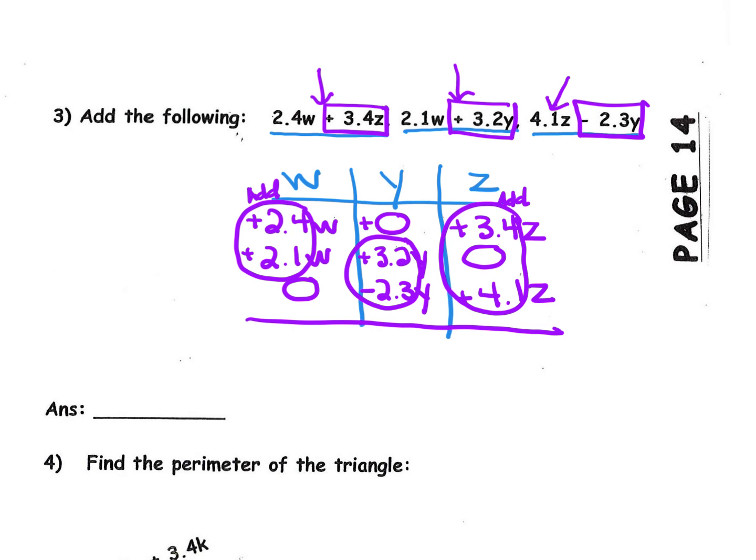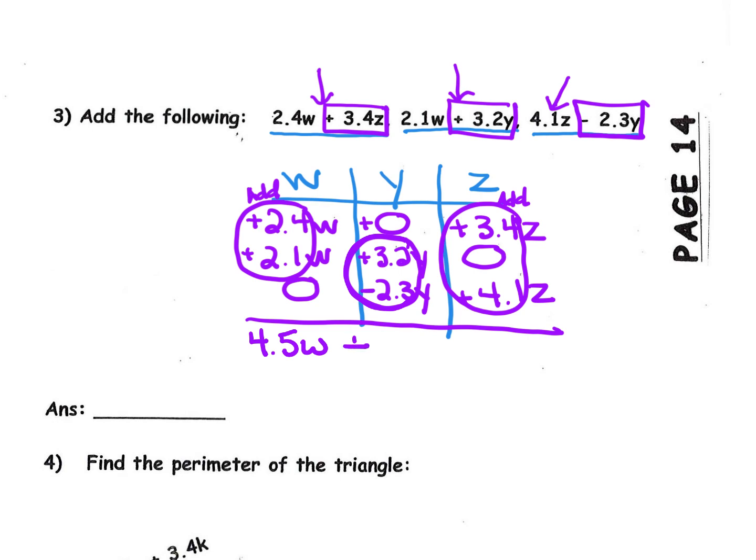So, for each of these, using our calculator, let's start with the W column. 2.4 plus 2.1. That gives us 4.5W. As we go to our second column, we're going to take our calculators and punch in 3.2 plus negative 2.3.